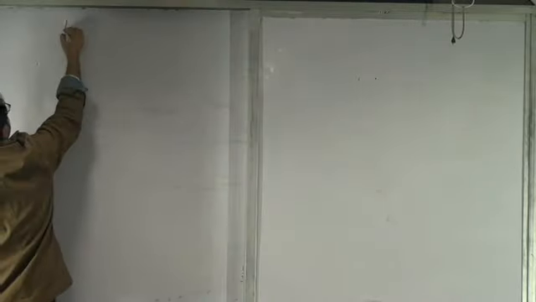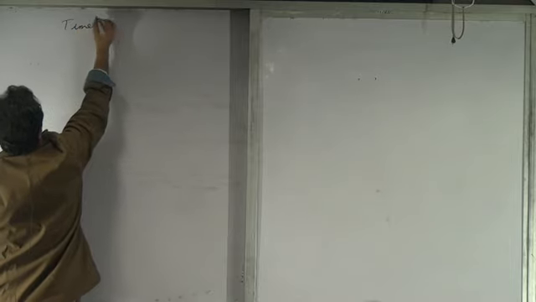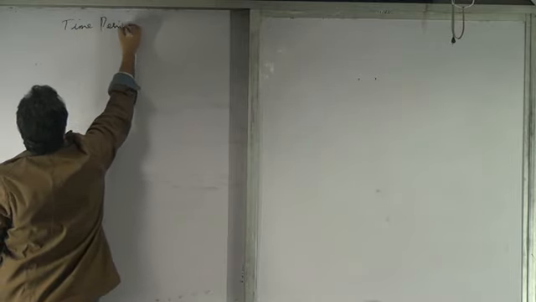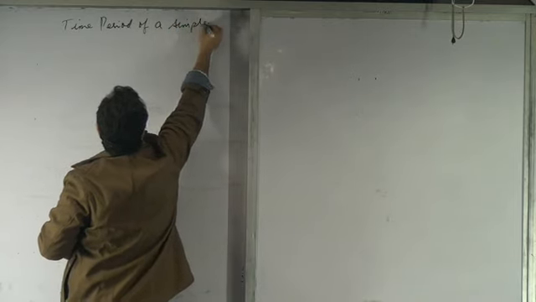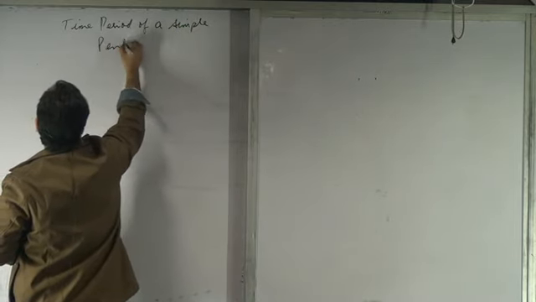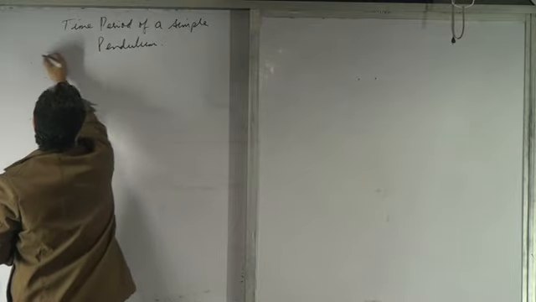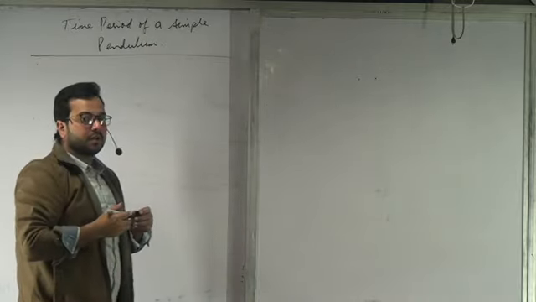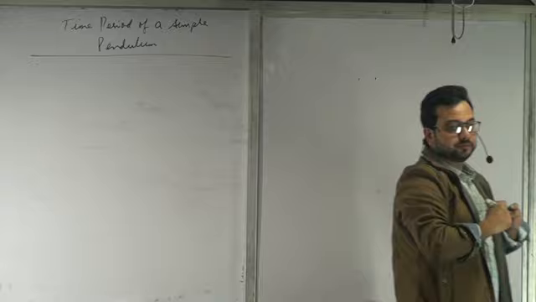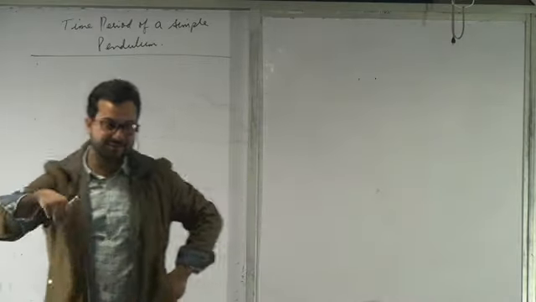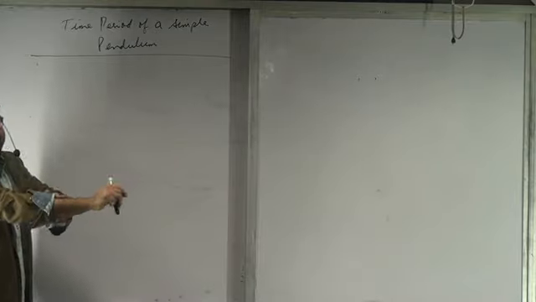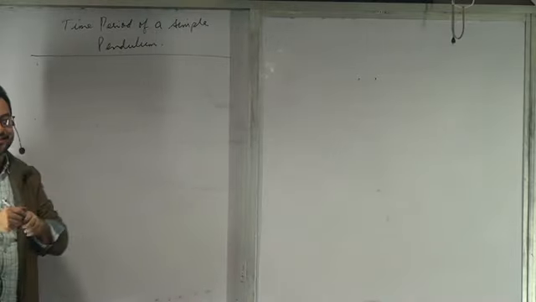Next, time period of a simple pendulum. You know what is a simple pendulum? I hope you do. जिसे hypnotize करते हैं. तो बहुत simple होता है. अभी देखिए कितना simple आता है.